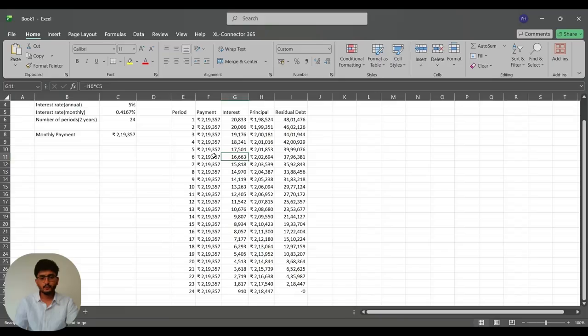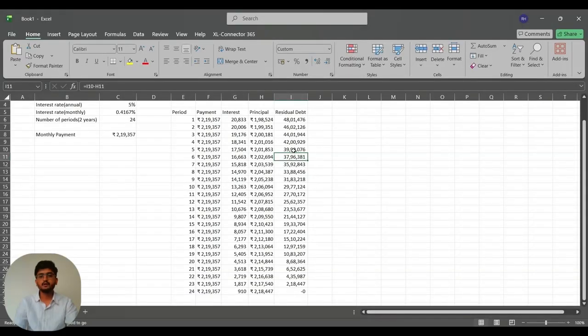So the EMI installment we are paying is 2,19,357 rupees, minus the interest of 16,663 rupees. Then we'll get the principal amount we are paying, 2,02,694 rupees.